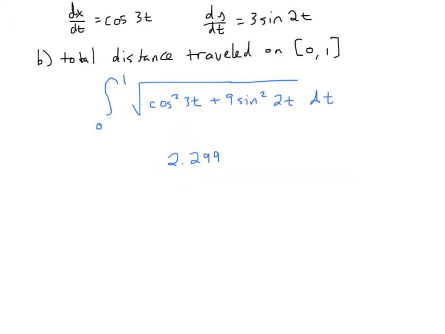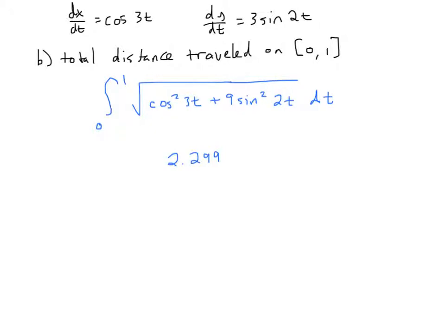The total distance traveled on 0 to 1 is a little bit different. So we need to think about this like a parametric equation, and when we're thinking about total distance traveled by our particle, we're looking for the length of the curve to see how far did our object move.